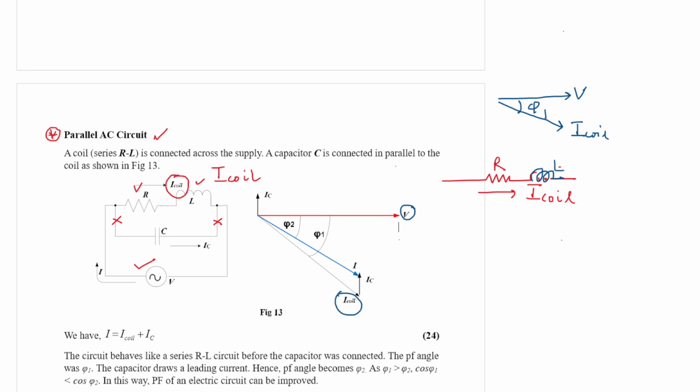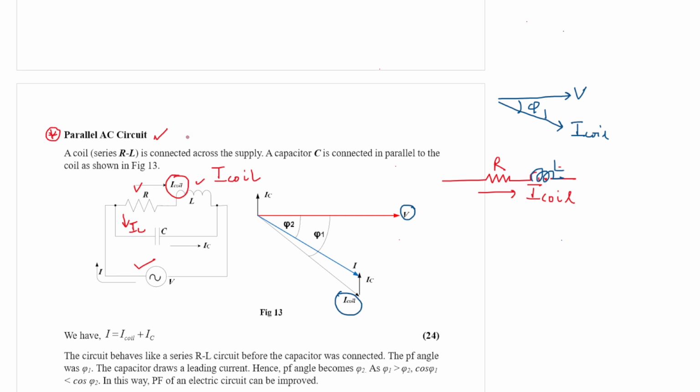Now, with the inclusion of the capacitor, let us say the capacitor is now connected. It starts drawing a current called IC.